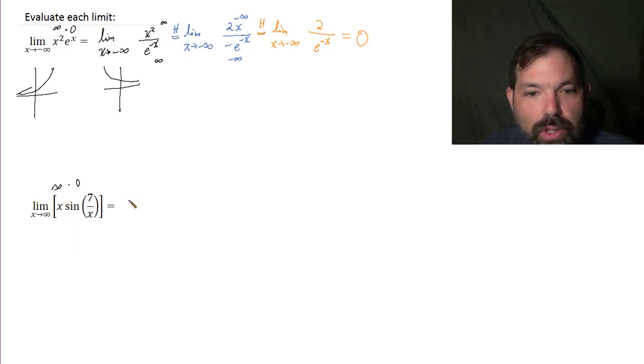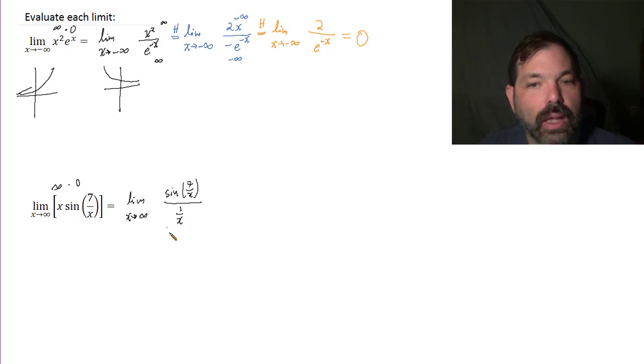What I would do is rewrite this as the limit as x approaches infinity of sine of 7 over x, over 1 over x. That's algebraically equivalent to the original expression, and now as x approaches infinity, this gives me a 0 over 0 situation, and I can apply L'Hopital's rule.